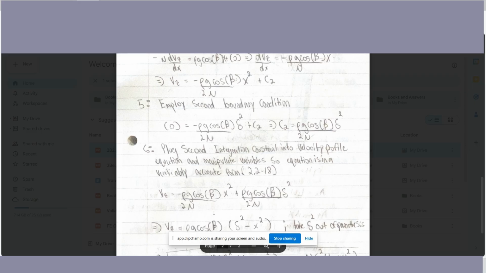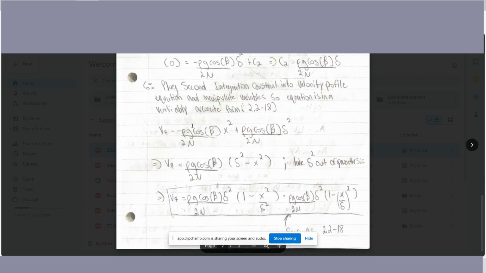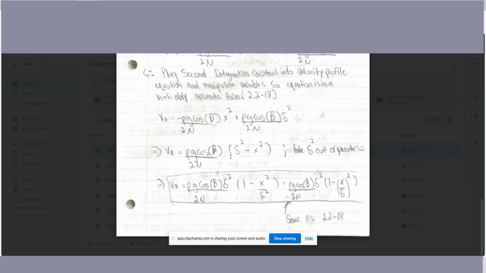I don't know why the mouse isn't showing up. And so we're just doing some simplification and combining of like terms to get it into the same form as it shows in the example problem. So we're factoring out this density cosine term, and negative x squared and sigma squared, so that's sigma squared minus x squared.